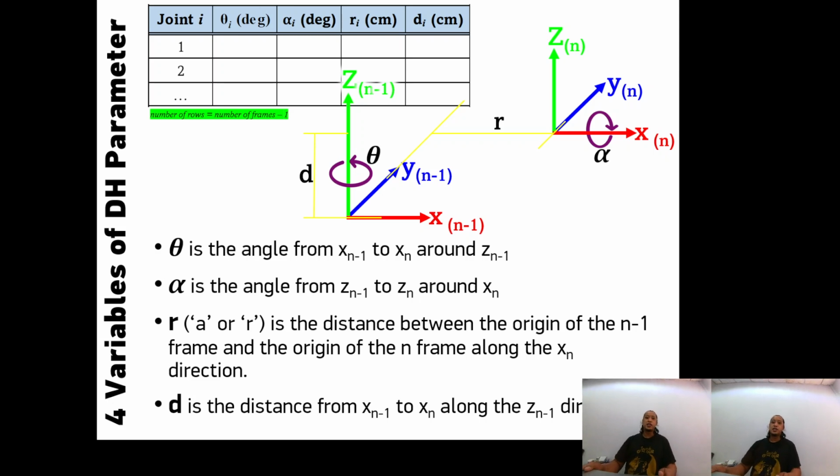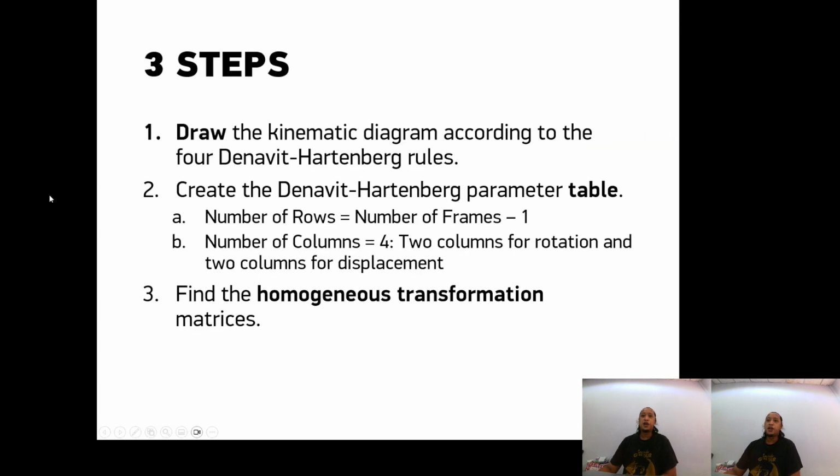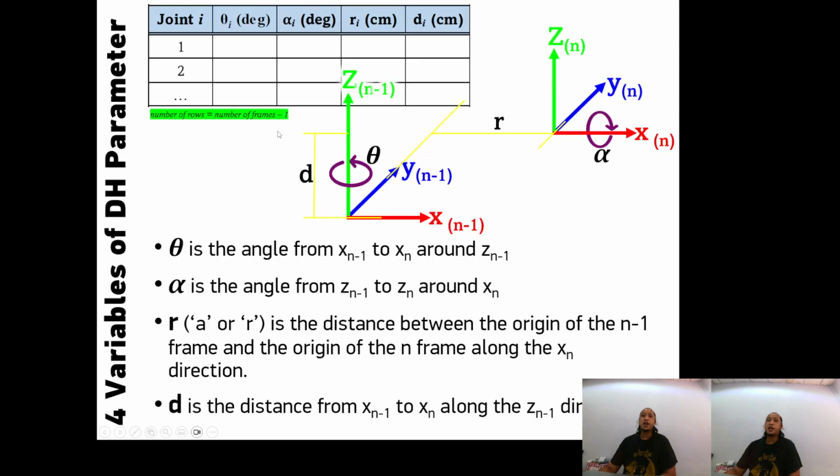Okay, these are the 4 variables from the first step that we have to obey. What we are talking about is that we have to find this table.